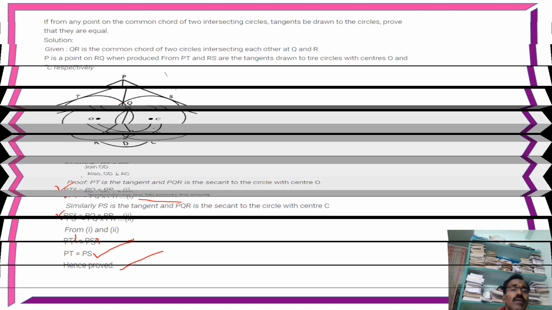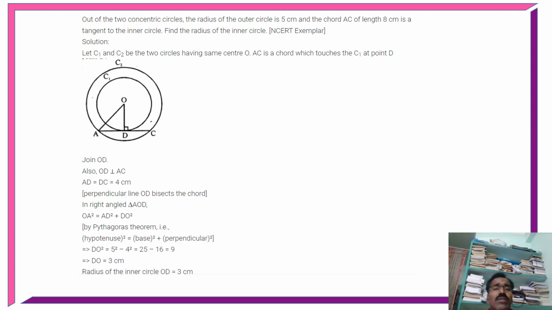Next slide: out of two concentric circles. As we know, two circles having the same center are called concentric circles. The radius of the outer circle is given as 5 centimeters, OA is 5 centimeters, and the chord length is given as 8 centimeters.